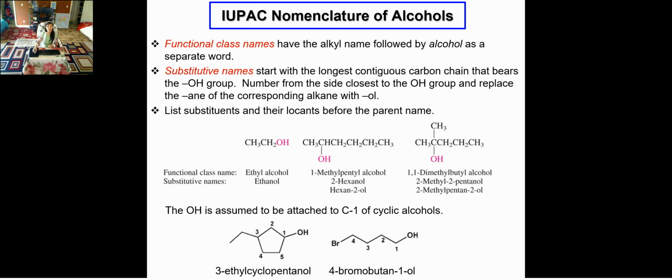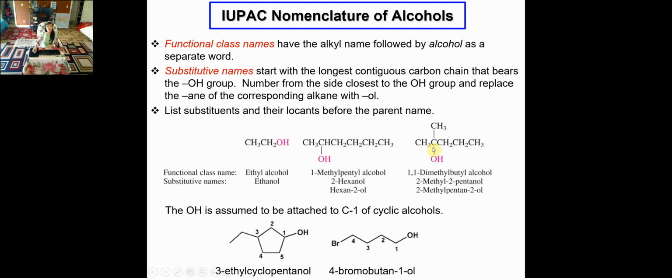Totally you have 4 carbons. You call this butyl. You have 2 methyls on your butyl, so 1,1-dimethylbutyl alcohol. For your substitutive nomenclature, you again find the longest continuous carbon chain.